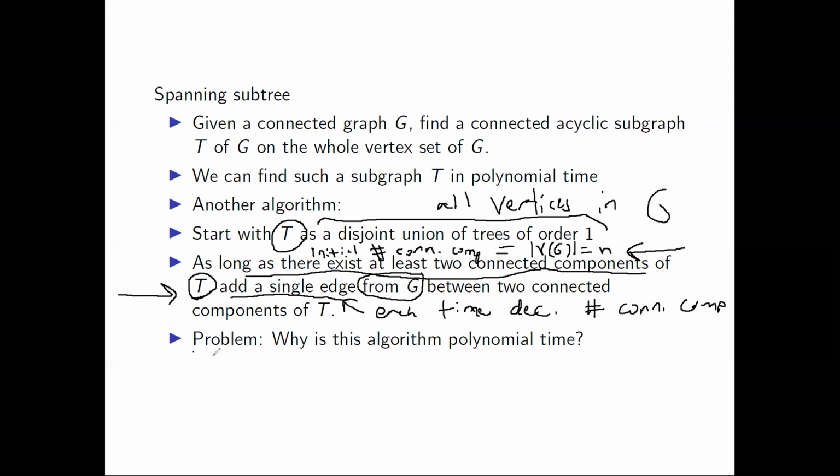So see if you can determine why the algorithm we discussed is a polynomial time algorithm. You don't necessarily need to find an upper bound in the order of the graph G, although you're welcome to. Just explain in a reasonably logical way why each of the steps can be done in polynomial time. You don't have to put all the details, but give enough details that it would be convincing to most people.